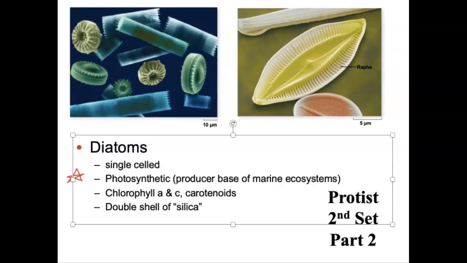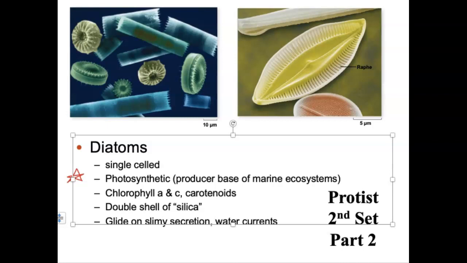Now, they can be round like a petri dish. They can be tubular. They can be whatever you want to call this, teardrop shape. I don't know what that is even called. But they all contain that double shell of silica. Now, in order to move around, they will glide on a slimy secretion that they produce, or they can just be pushed around by water currents.